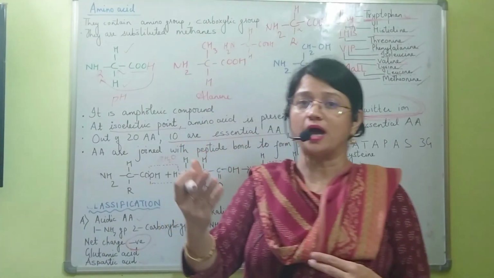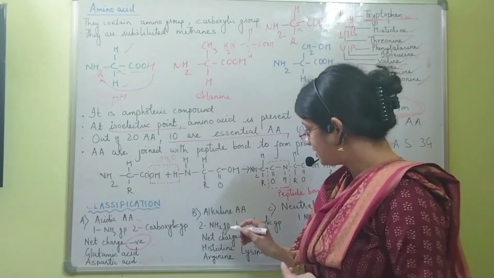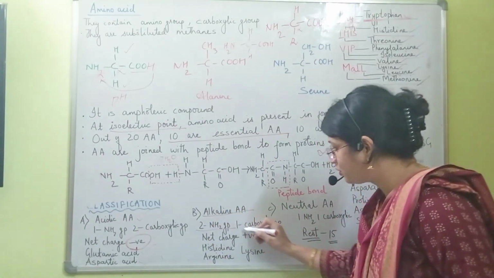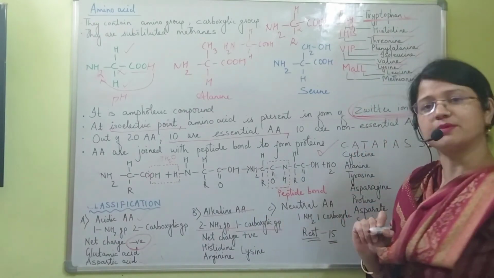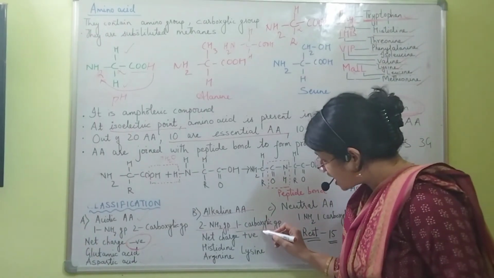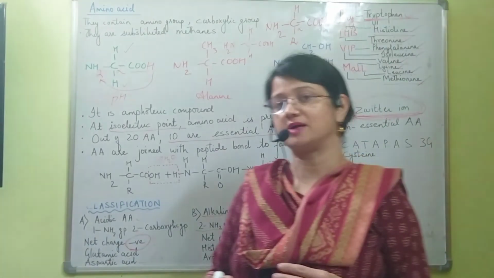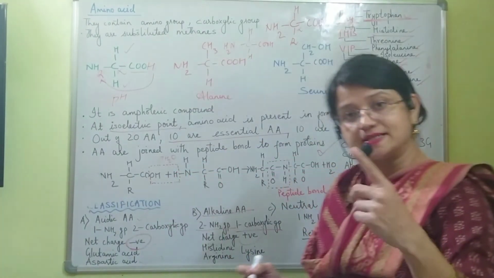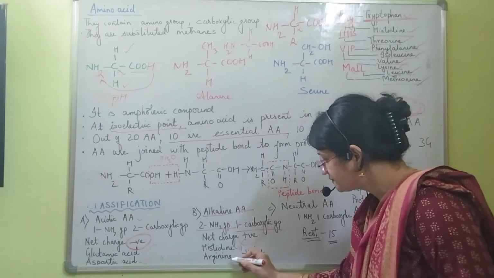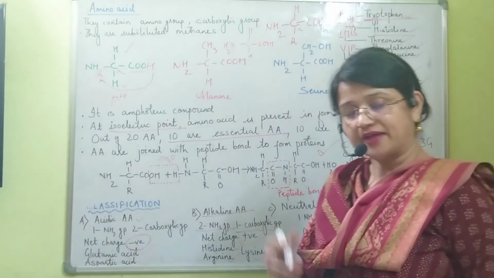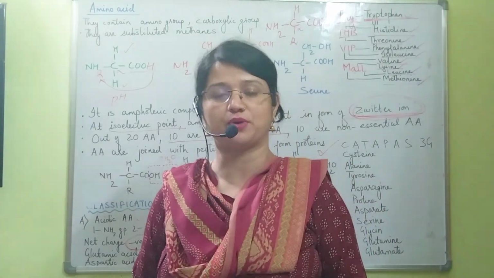We will have two amino groups and one carboxylic group. Here we can see alkaline amino acid. It has two amino groups and one carboxylic group. So the net charge will be positive, and there are three amino acids which come in this category, that is histidine, arginine and lysine. Clear?